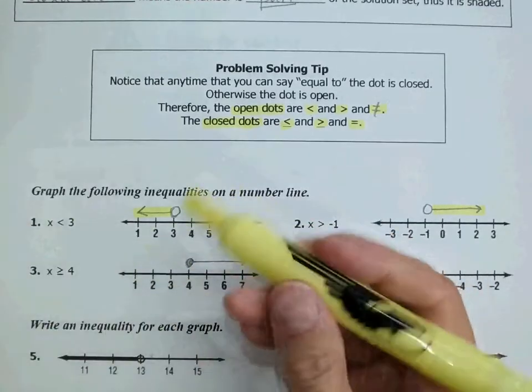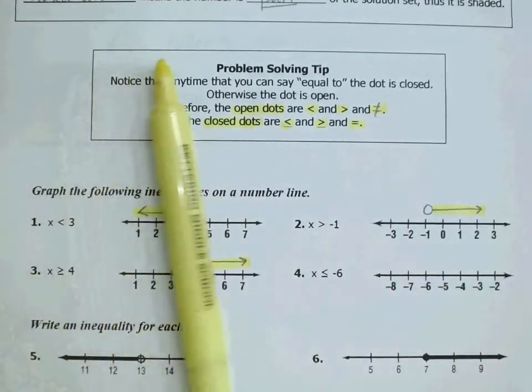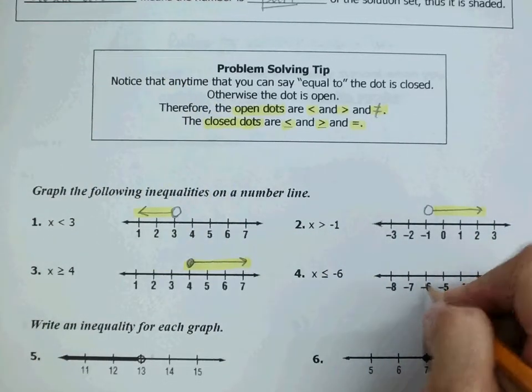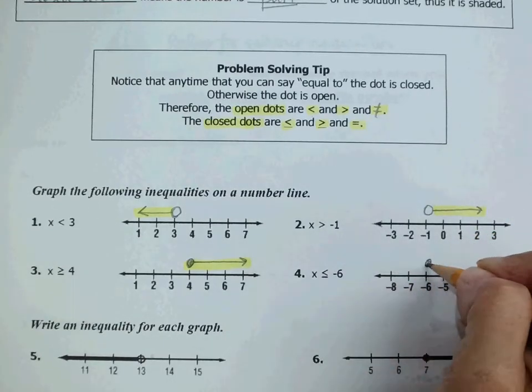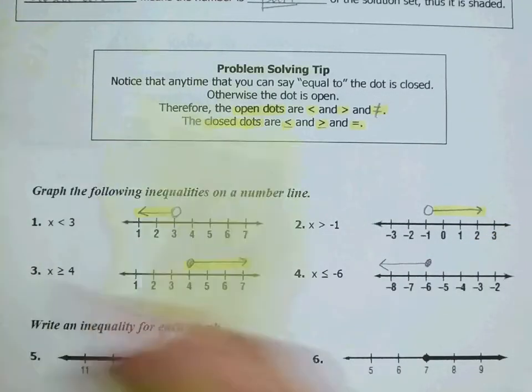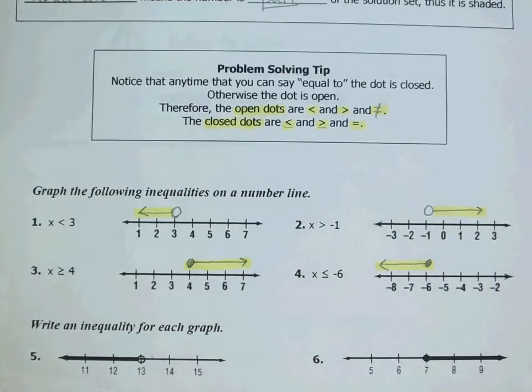When I highlight, I'm going to include my closed circle because that is part of the solution set. Number 4, at -6, that's a closed circle. It's less than or equal to, so this is going to be values less than or equal to -6, so to the left. When I highlight, I'm going to highlight that closed circle because, again, it's part of the solution set.